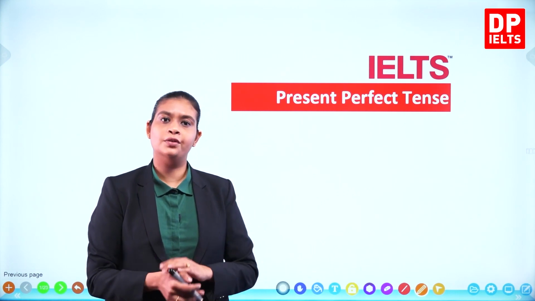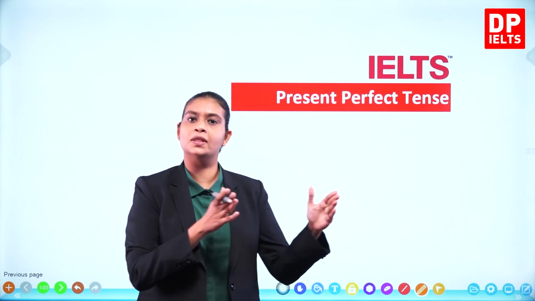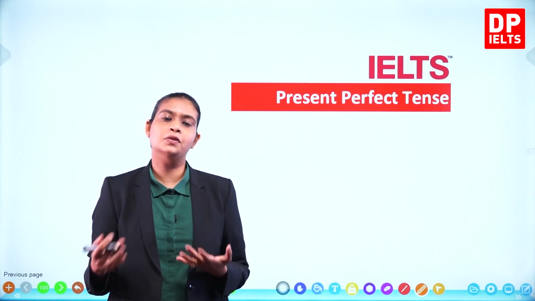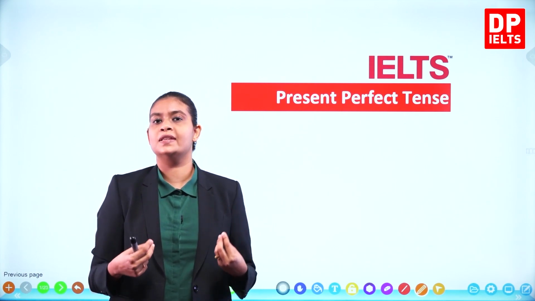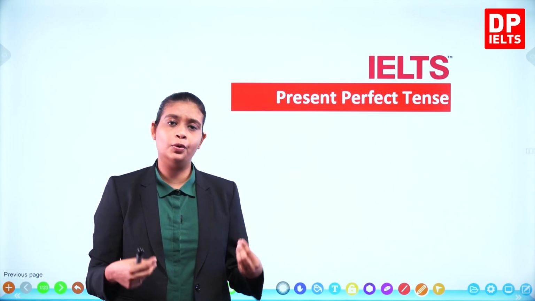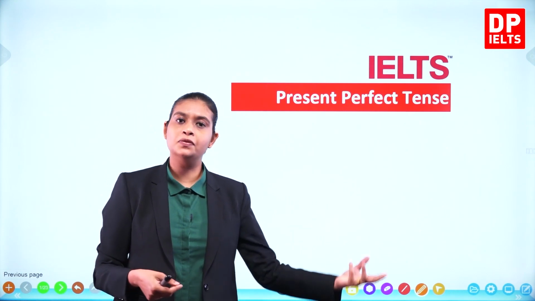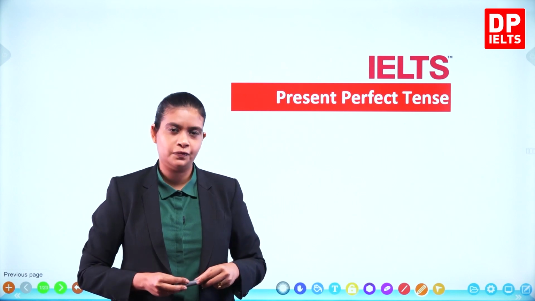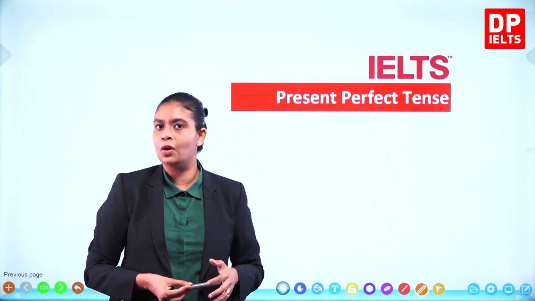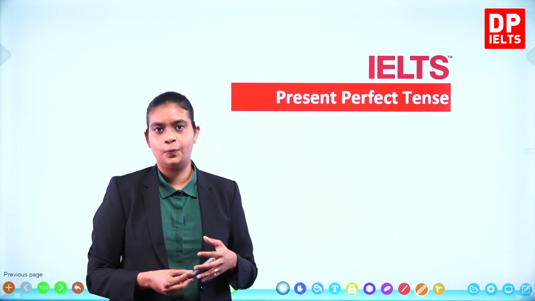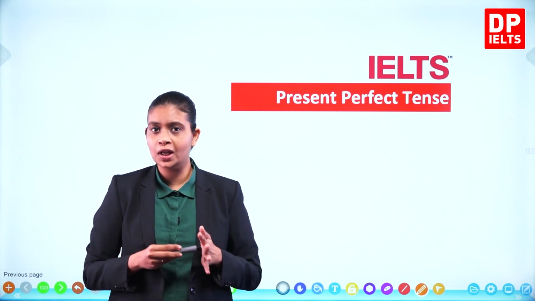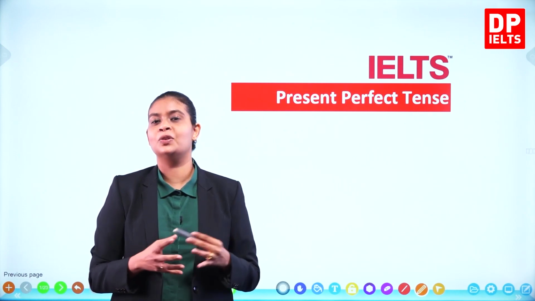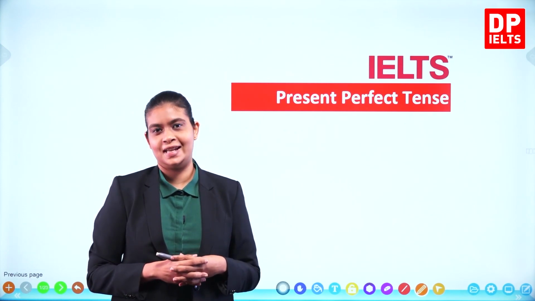So I hope you've understood what is the difference between the past tense and the present perfect tense. The main difference is that you don't know exactly when it happened, but they are both completed actions. But the difference is the present perfect, we don't have the exact time frame. And we also use it along with words like since and for, right? So I hope you have a good understanding of the present perfect tense, and with that we round off for this lesson.